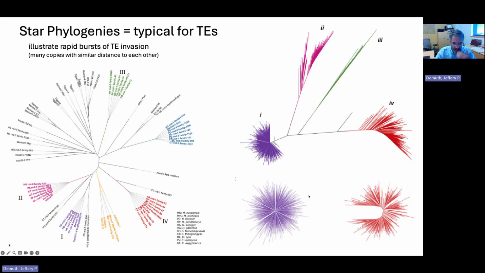Okay. And just a couple more examples. This is the perfect star phylogeny where everything is basically equally related to each other. That is an element that just exploded into a genome. Okay, and then this one, similarly, going fast, but not as fast an explosion as this one, because there's a pattern to the divergence where they're not all coming back to the exact same point.